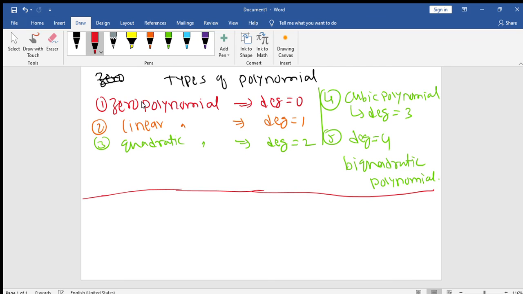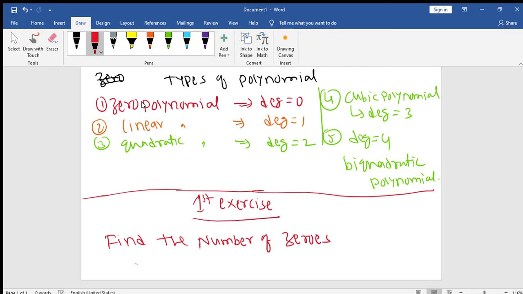So if I discuss that first exercise, find the number of zeros. The graphs are given.